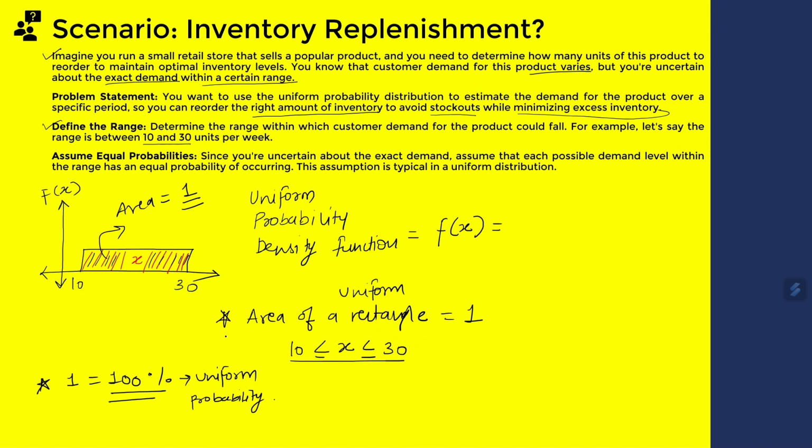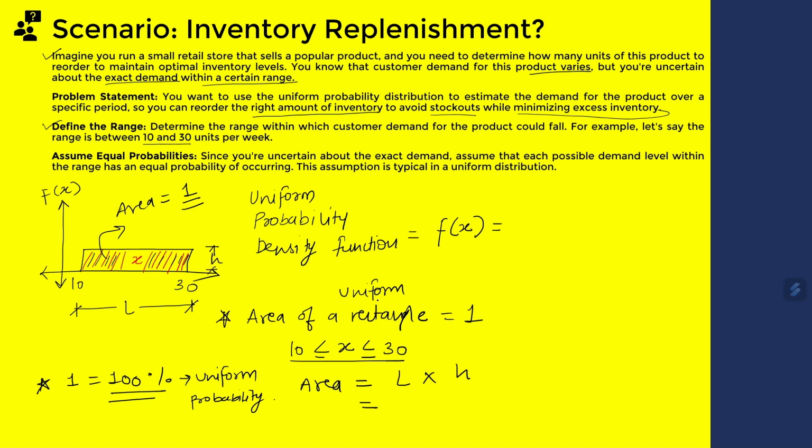The area of a rectangle is length into height, and in this case this is our length and this is our height.